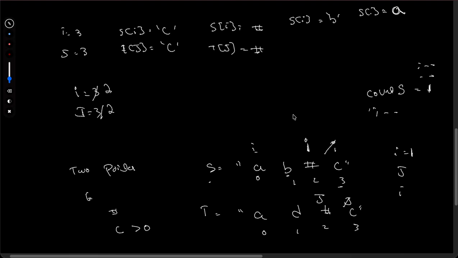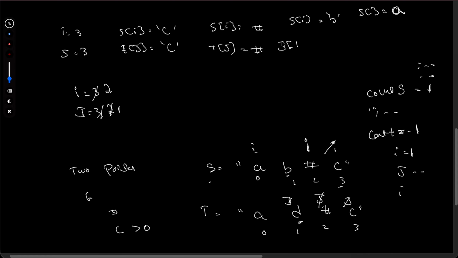Do the same to t also. T also has a count, so we take count of t as 1. Now we do j minus minus, so j becomes 1, and the character is d.